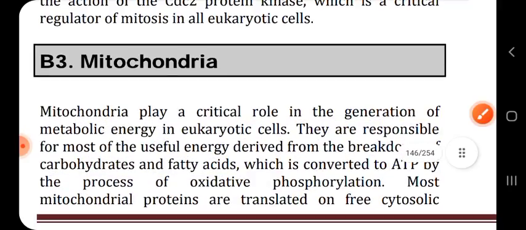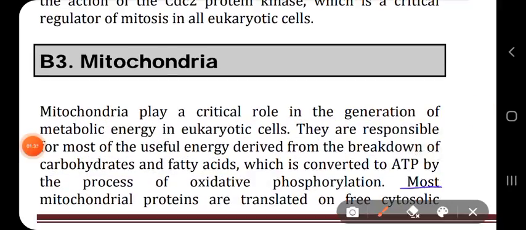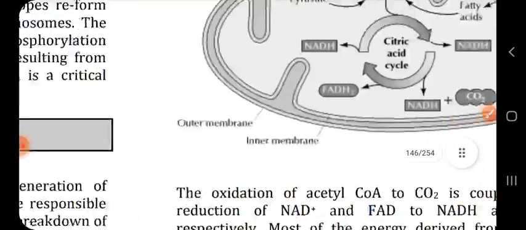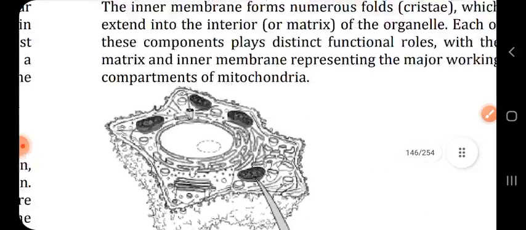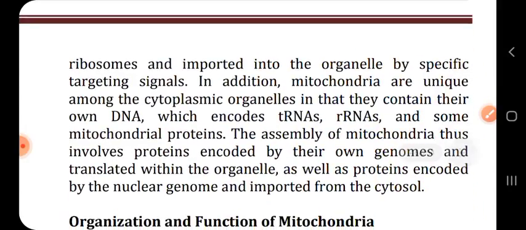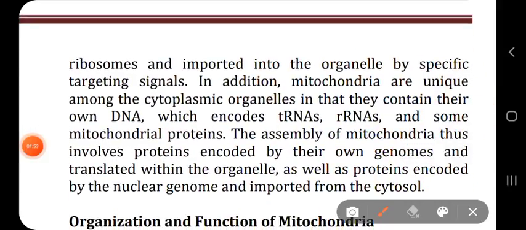Now, most of the mitochondrial proteins are translated on free cytosolic ribosomes, and then they are imported into organelles by specific targeting signals.